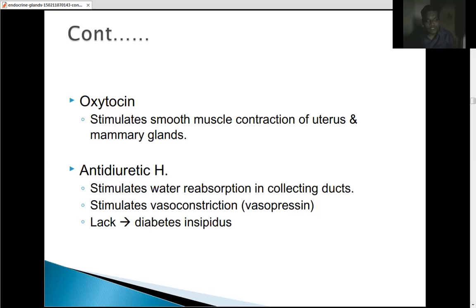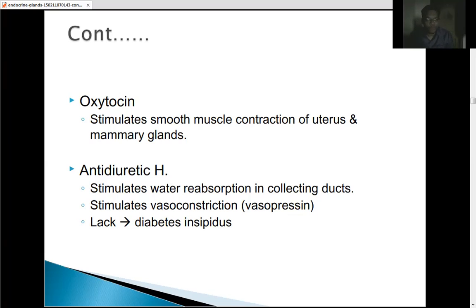It stimulates water absorption in the collecting ducts. It means it reabsorbs water into our body. That's why, even when we can't drink water, we still have water inside our body. Because the antidiuretic hormone reabsorbs water, it also stimulates vasoconstriction.